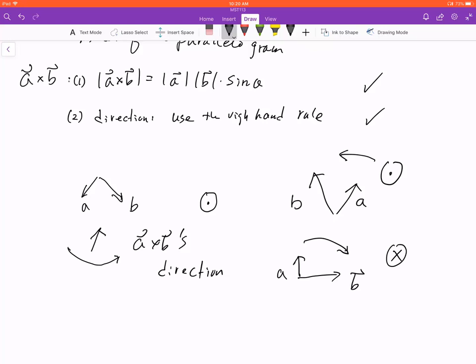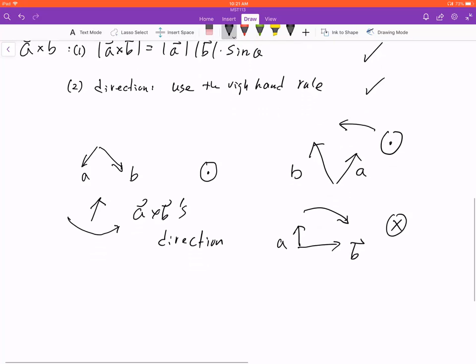Once we have this definition, we can actually do the cross product of any two vectors, no matter what the dimension is. But if you think about it, we are only talking about three vectors, so we are still really in a dimension 3 space: A vector, B vector, and then A cross B vector.